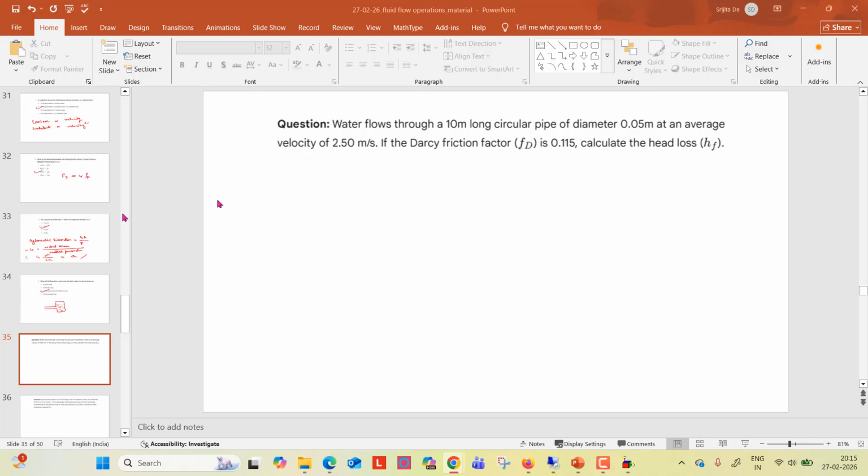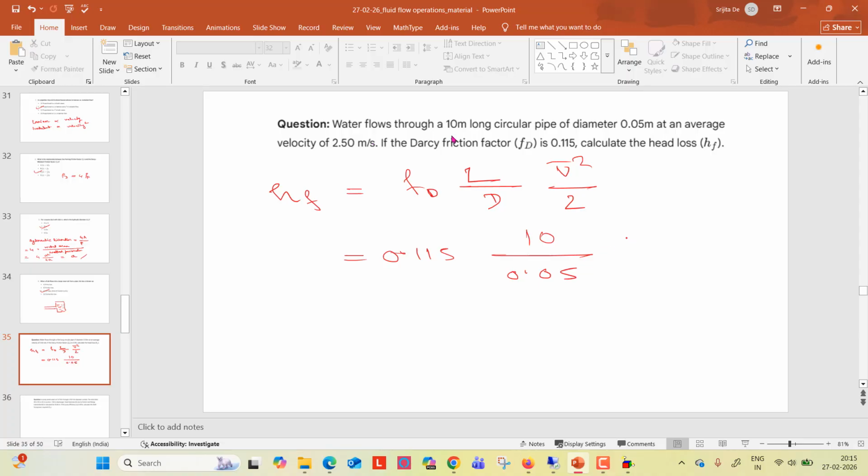So we have derived that head loss is FD L by D into V square by 2G. So this is 0.115, L is 10 by 0.05, into V square by 2G.